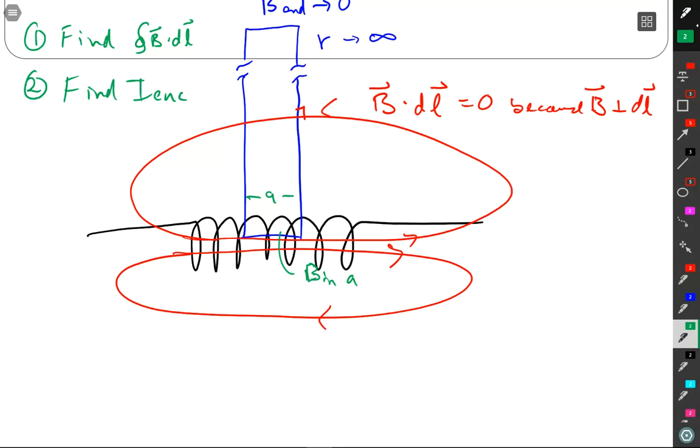And I always have to emphasize, because people forget, you find both sides and then do the equality. Don't find one side and say, now I found the other. So I look at here, how much current is enclosed by my loop. If current I is running through my coil, how much current is enclosed?